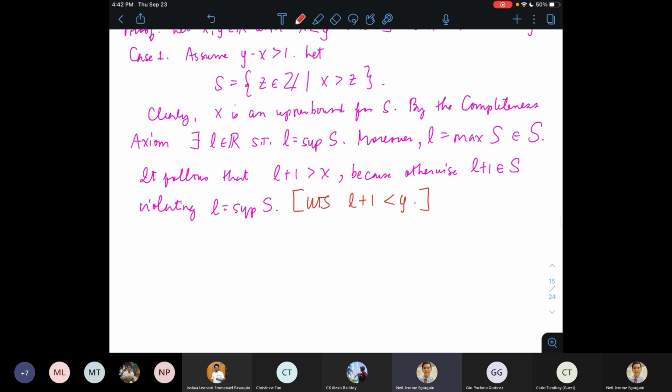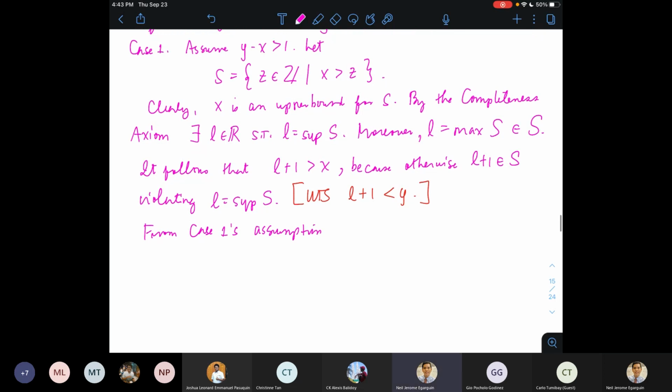So, ibig sabihin, from case 1's assumption, we have Y minus X is greater than 1, or this is equivalent to saying that Y is greater than X plus 1. But we knew that X is larger than L, right? Mas malaki si X kesa kay L.